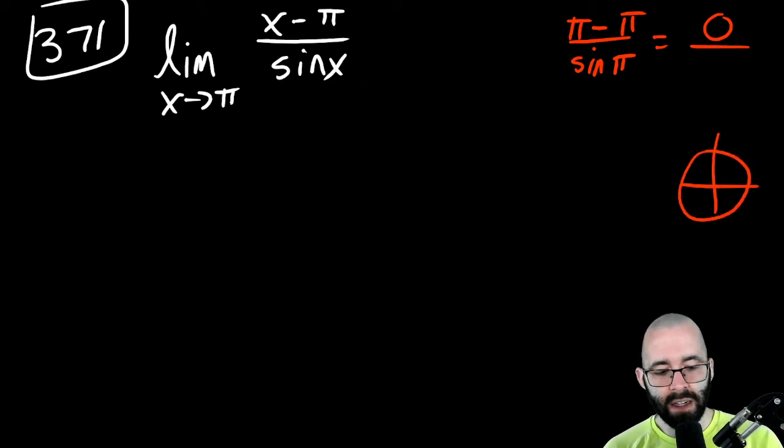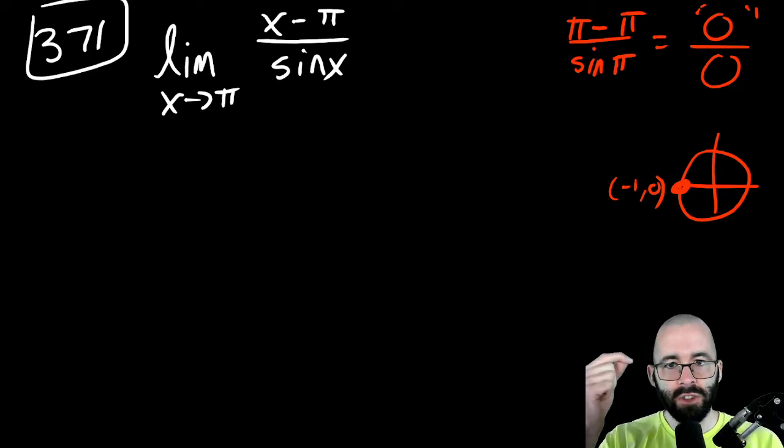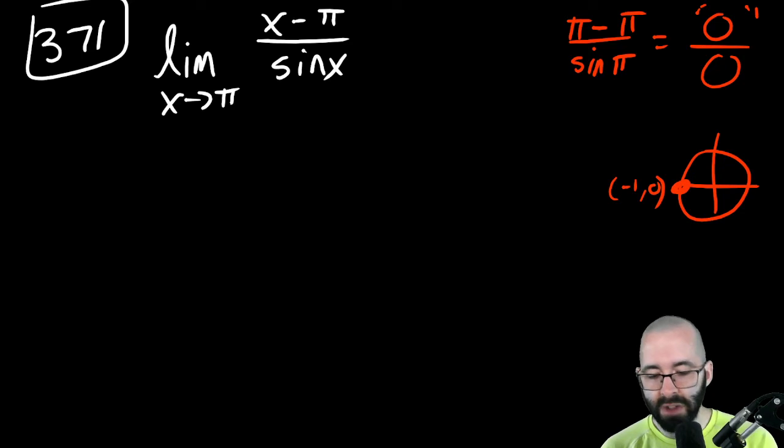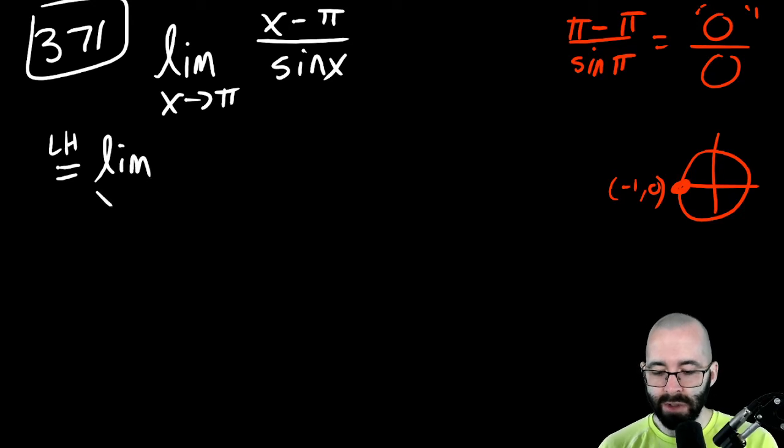Remember the sine of pi is the y-coordinate on the unit circle at pi radians. The y-coordinate on the unit circle there is 0. So indeterminate form, differentiable on the top, differentiable on the bottom, which also means continuous, but the differentiable part's the important part. That says we can use L'Hopital's rule here.